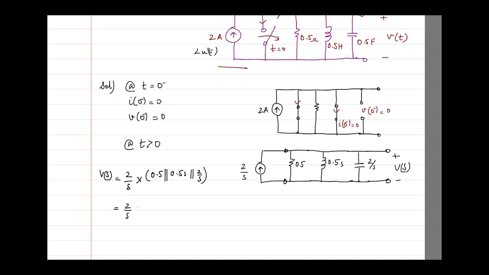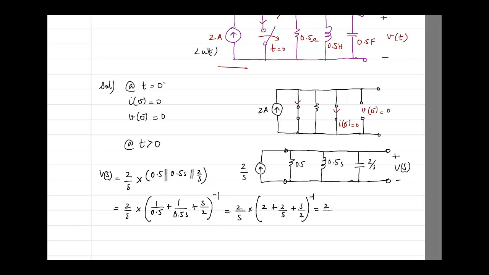So 2 by s multiplied with 1 by 0.5, that is 0.5 inverse, plus 1 divided by 0.5 s plus s divided by 2 the whole inverse, which I can again write as 2 by s multiplied with 1 by 0.5 is 2, plus 2 by s plus s by 2 the whole inverse.